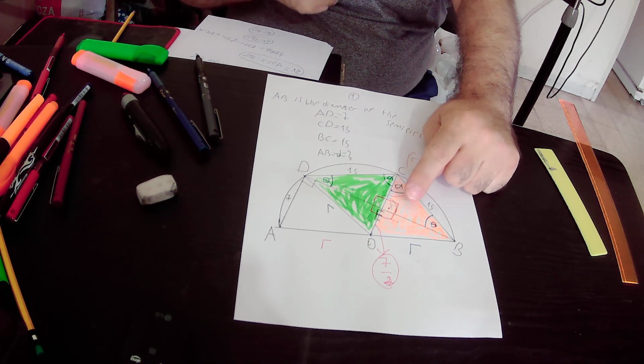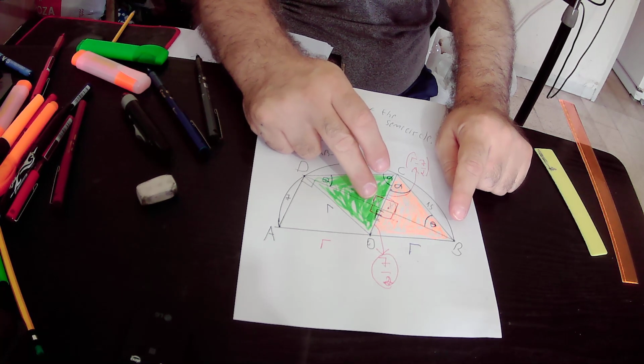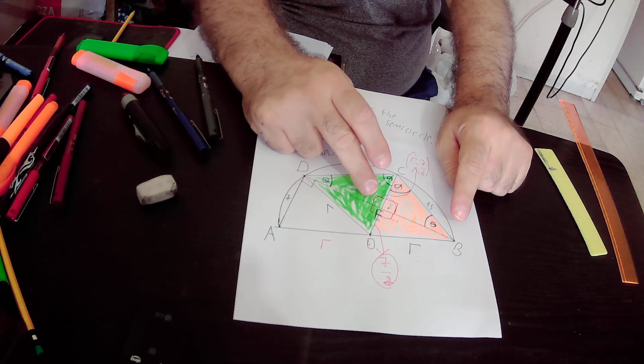So actually, along a straight line, if we focus at a certain point, the sum of the angles at one side is equal to 180 degrees.